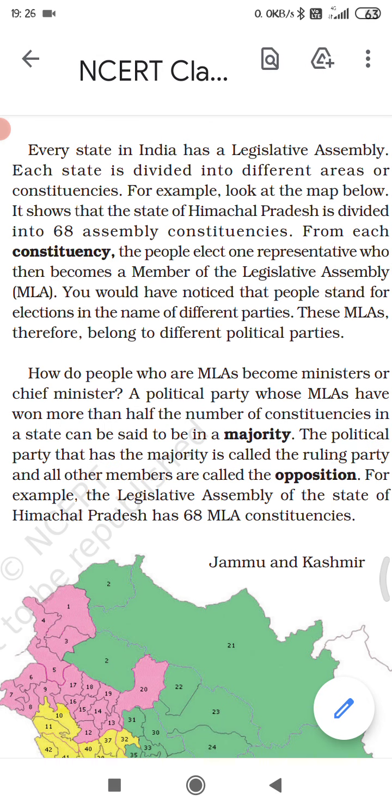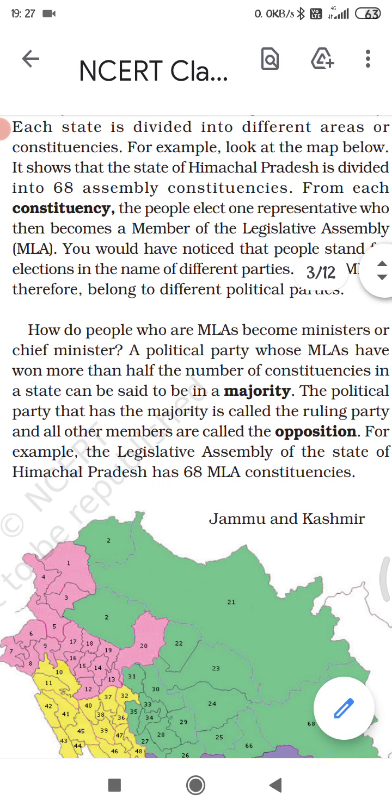And the members of other parties are called the opposition. One ruling party gets the majority of the seats, and then they form the government, and the members of all other parties form the opposition.